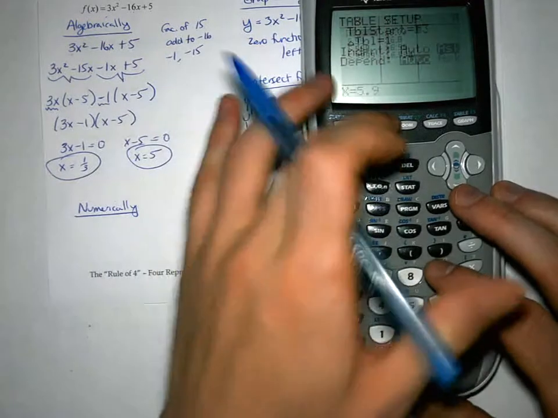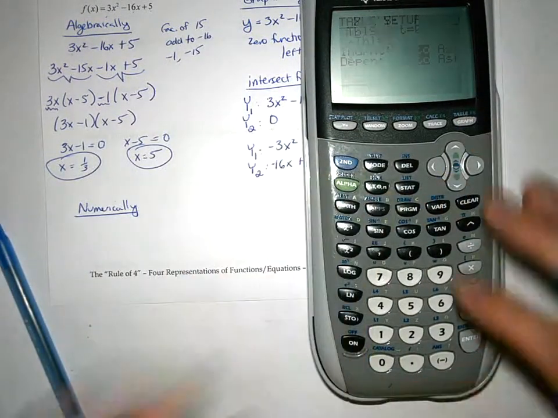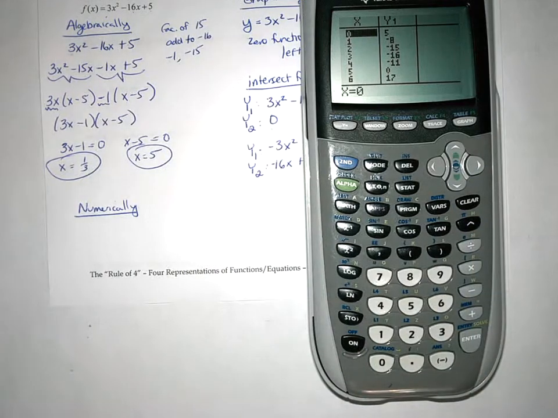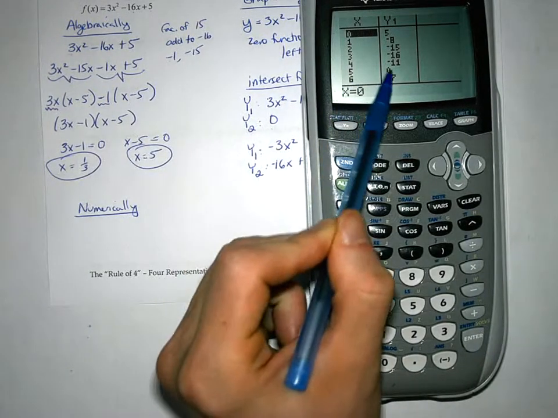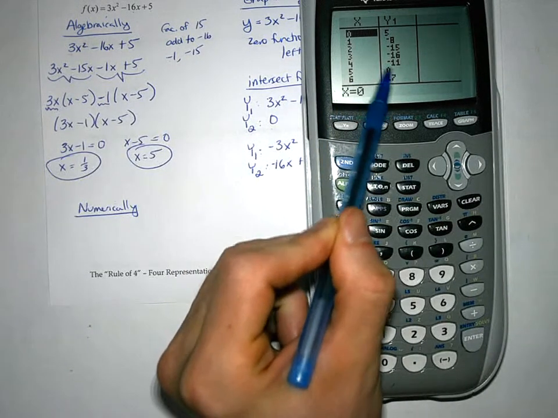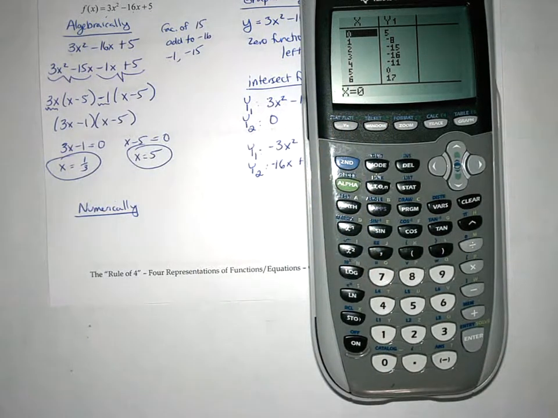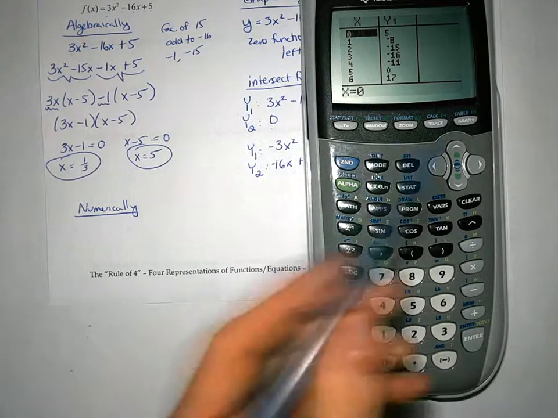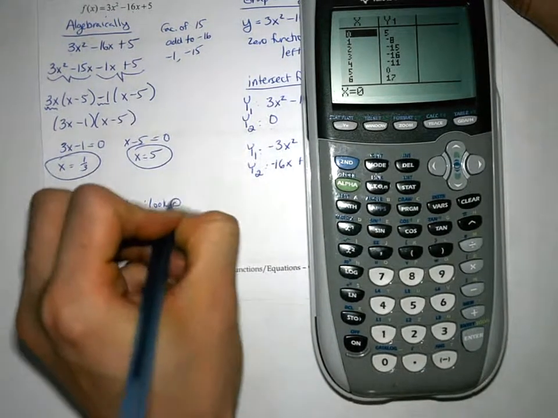And let me change my table so that I'm at 0 and I go up by 1. Now when I look at this table, I can see right here 5 and 0. This is going to be one of my solutions, because in the y column I've got a value of 0, which gives me an x-intercept. Remember, x-intercept is the same thing as zeros, or the same thing as solutions. So 5, 0, if I look at this table.